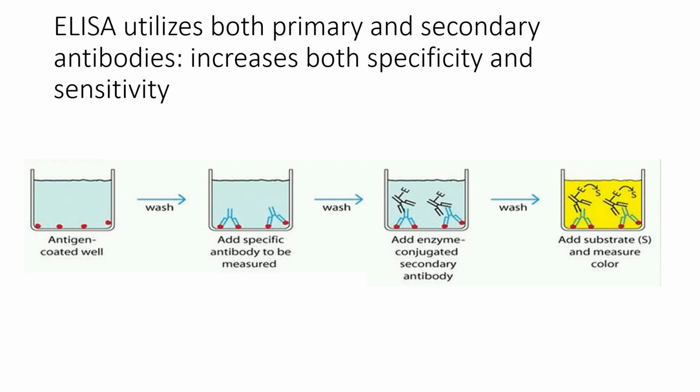That's all rinsed away, and that's rinsed 3 times to confirm that I don't have any loose secondary in there with an enzyme on it, because now I'm about to add the substrate, and if the enzyme is there, it will react with the substrate as enzymes do, and it will give me a color that I can measure. And it's really easy, a very visual test.